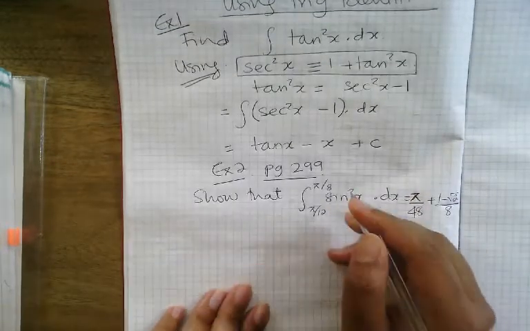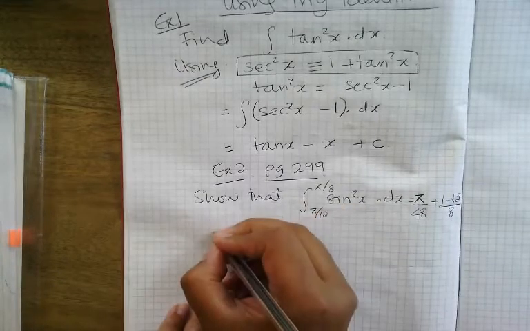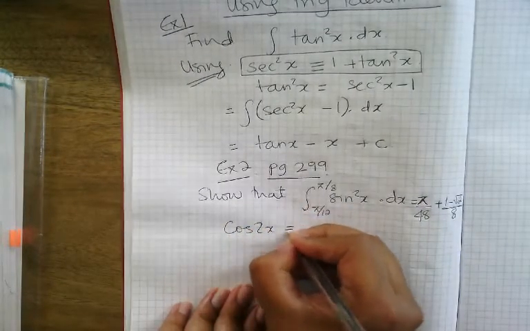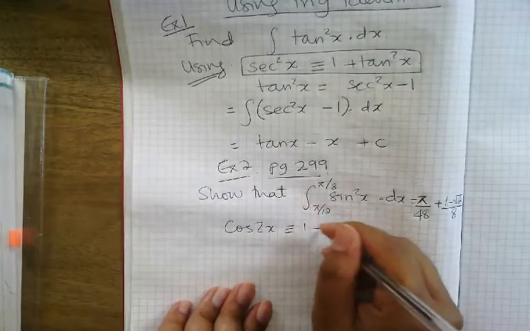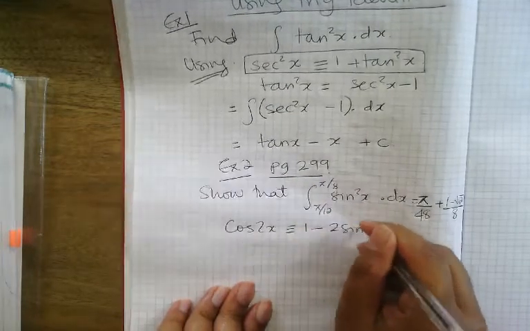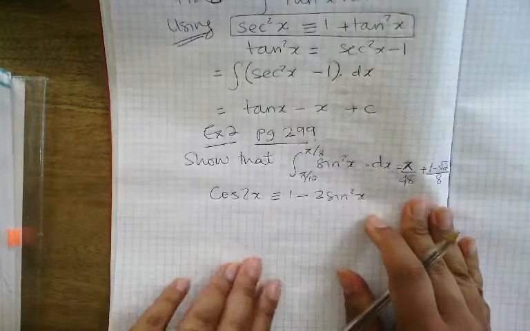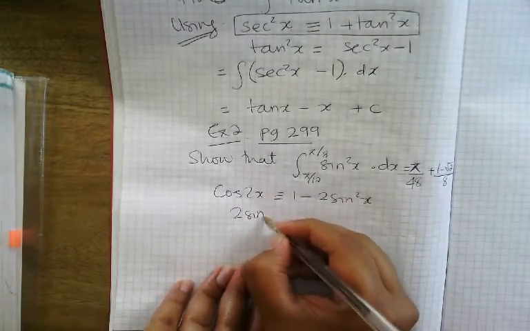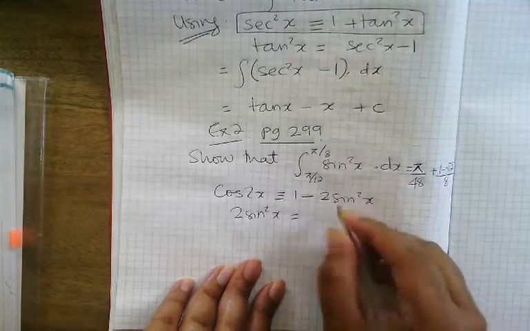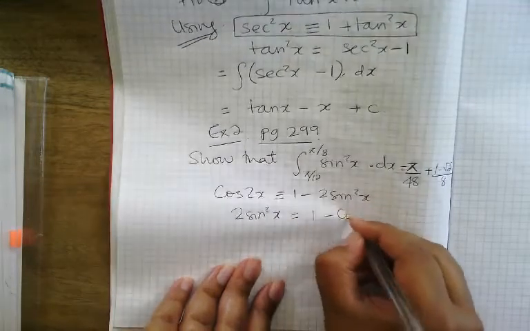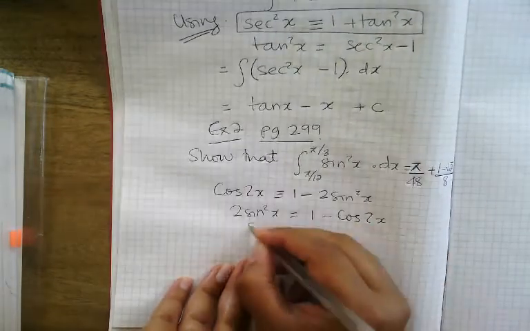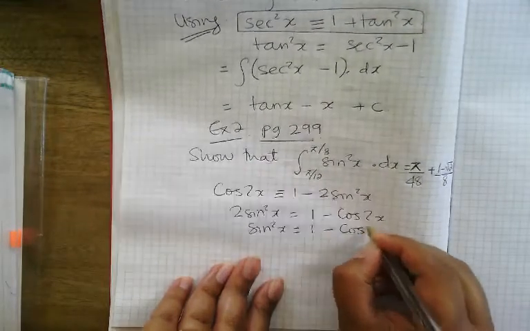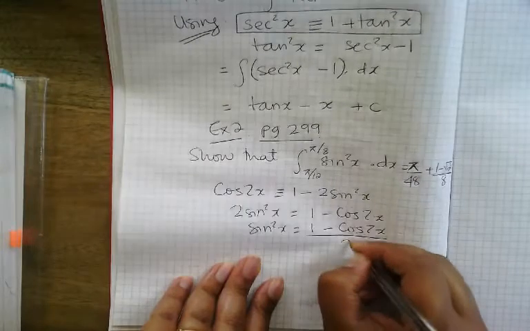So what we need is to find an identity that can help us here. The identity that we use to integrate sine squared is always the cos 2x double angle formula, which is 1 minus 2 sine squared x. I'm going to rearrange this, and I will get 2 sine squared x equals 1 minus cos 2x, and then sine squared x is equal to 1 minus cos 2x over 2.